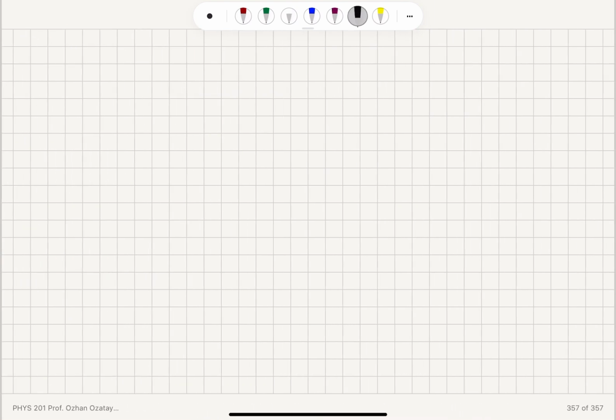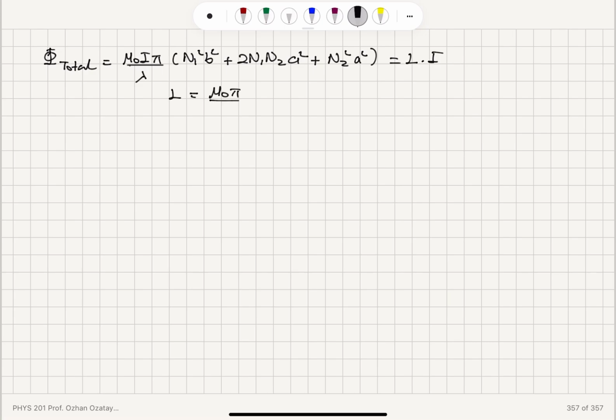So the total flux, phi total, then becomes mu0 I pi divided by lambda, (n1 squared b squared plus 2 n1 n2 a squared plus n2 squared a squared), which is the inductance times the current, so that the inductance becomes mu0 pi divided by lambda, (n1 squared b squared plus 2 n1 n2 a squared plus n2 squared a squared).